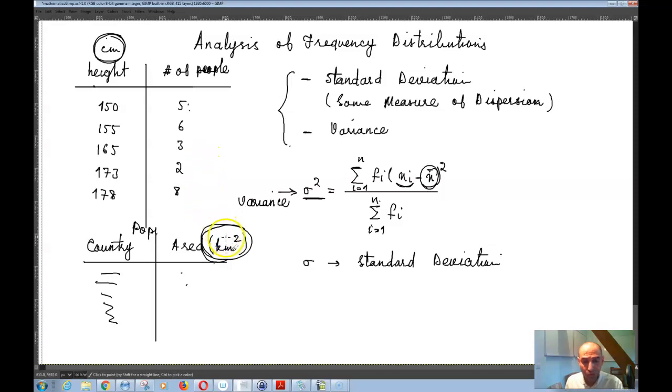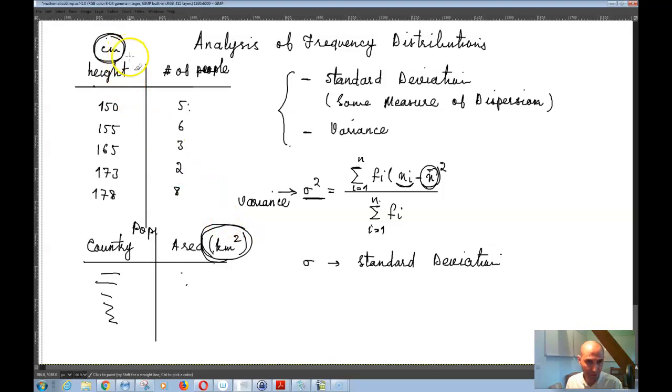So then logically you could not compare the dispersion of this data with this data, because over here the unit is centimeters, over here the unit is square kilometers.